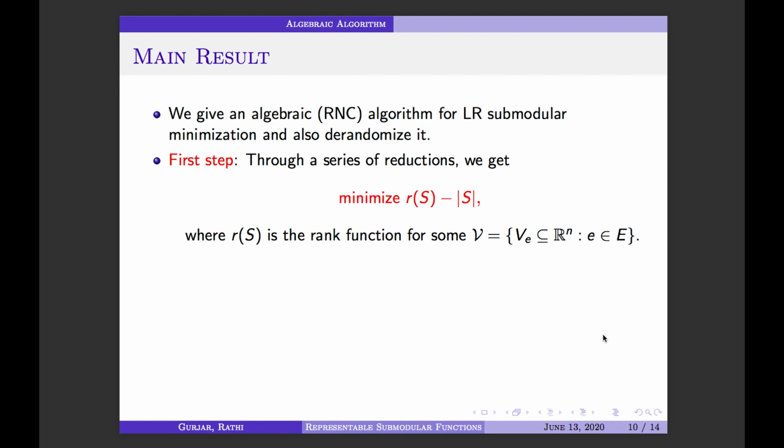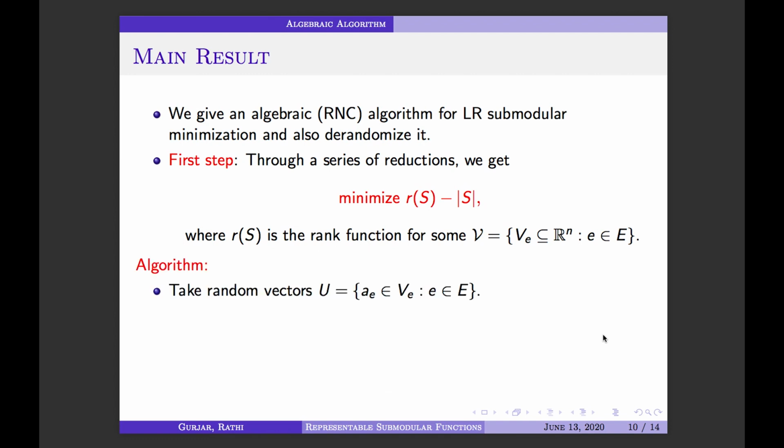Note that here cardinality of S is a linear function, and that's why it remains submodular even if you take the negation of it. Such reductions are also known for general submodular functions, but instead of this rank function R, you get arbitrary non-decreasing submodular functions. So now how do we minimize this simple submodular function R of S minus S?